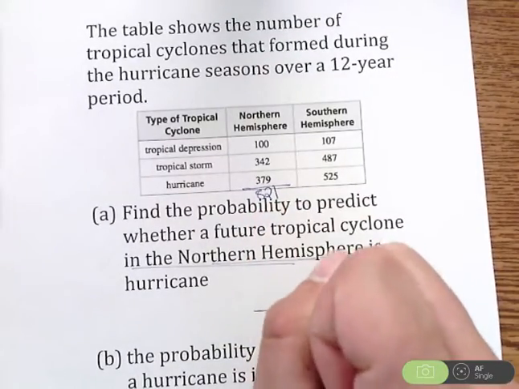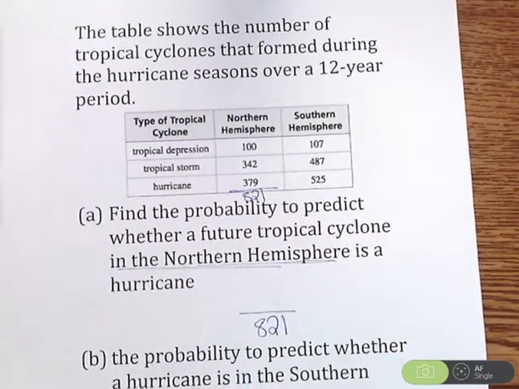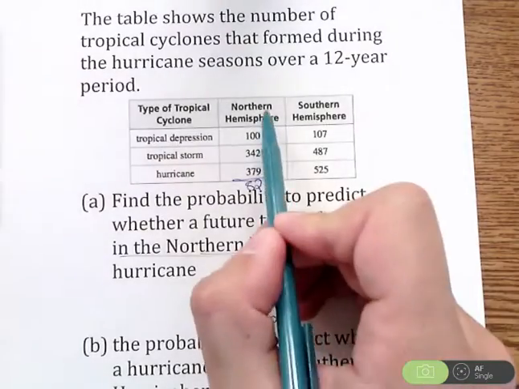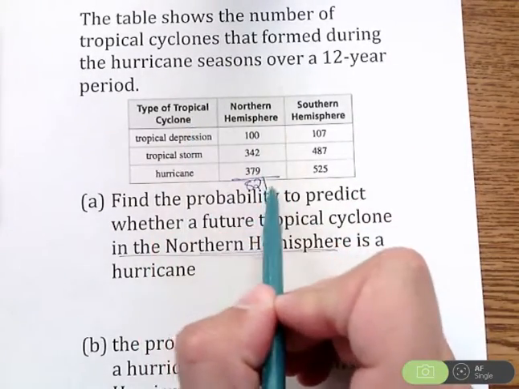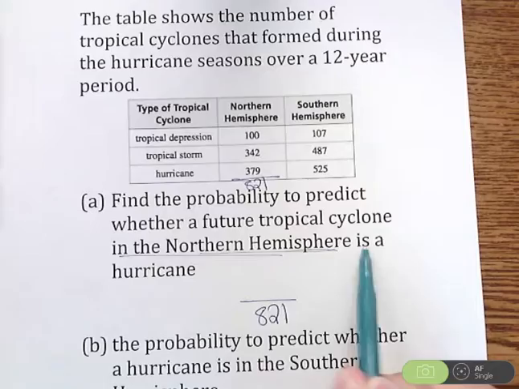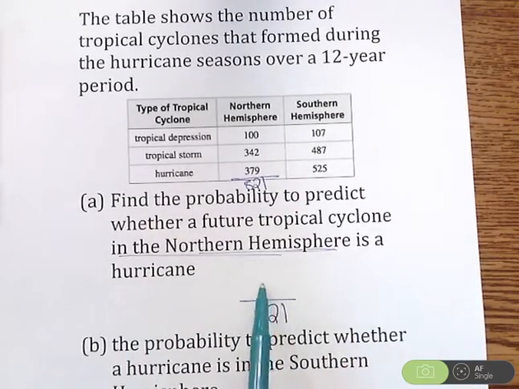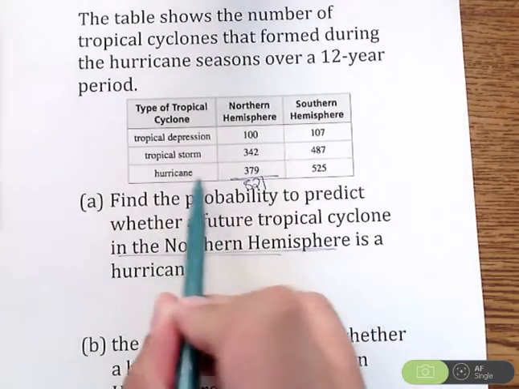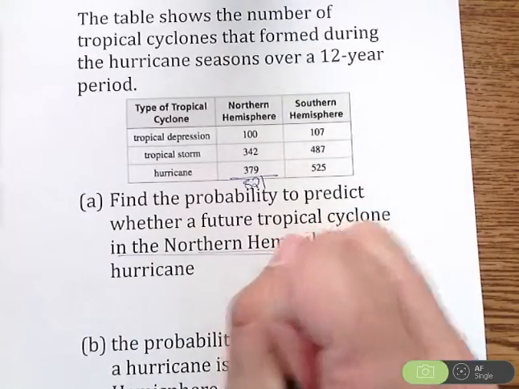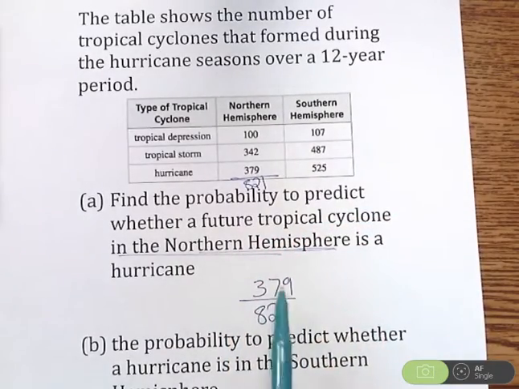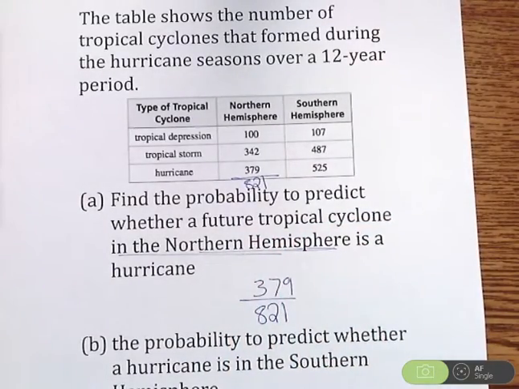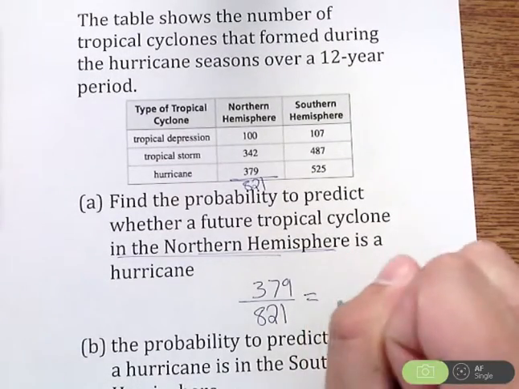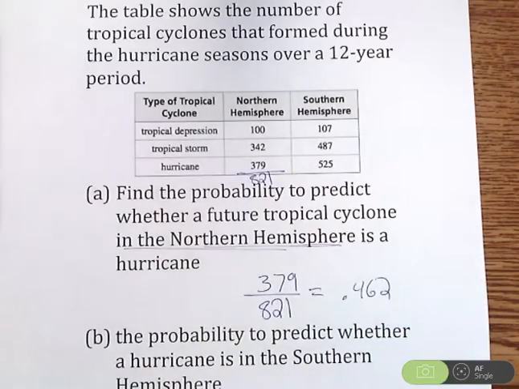So I'm dealing with 821 on the bottom. Of those 821 different cyclone events, how many are a hurricane? Because it's the part over the whole. The part is 379 hurricanes. So 379 over 821. If you divide those two, you get 0.462 as your probability.